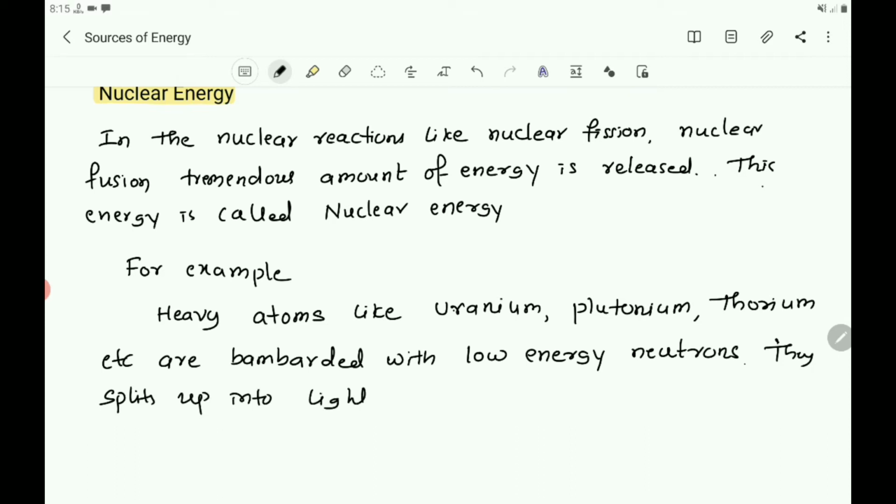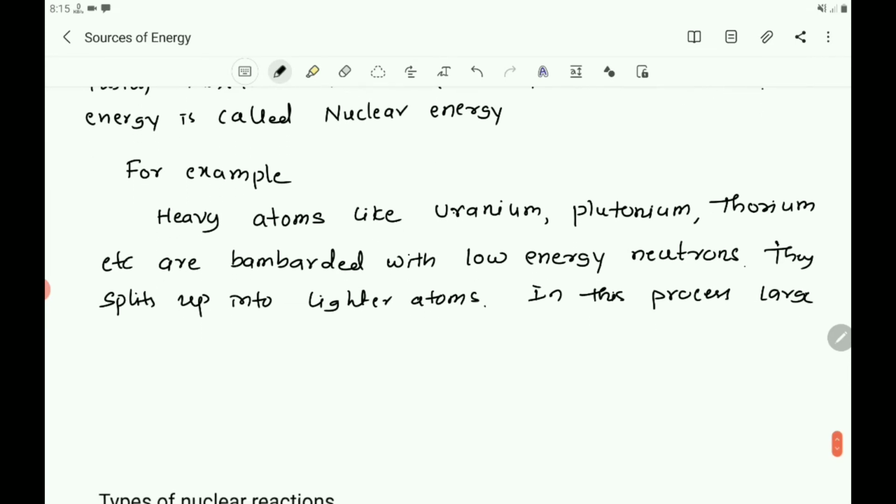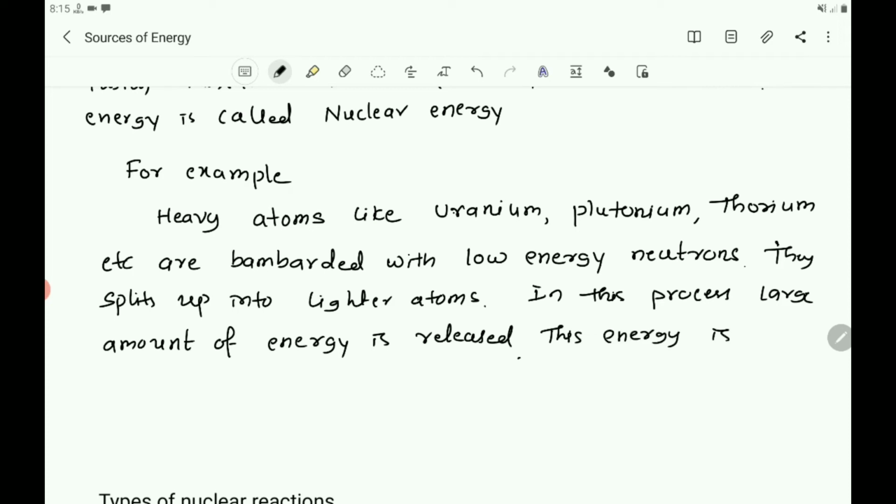Or you can write, a large amount of energy is released. This energy is called nuclear energy.